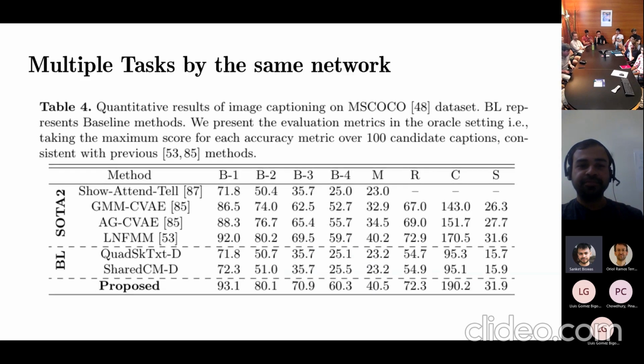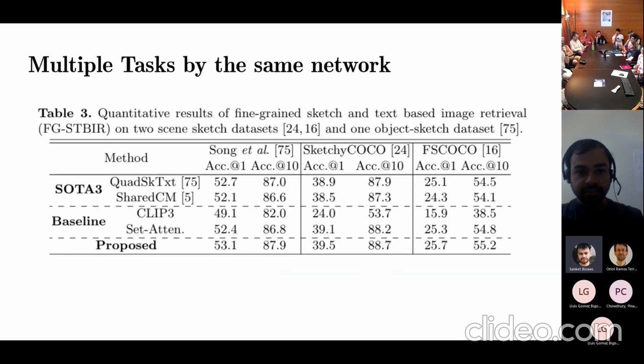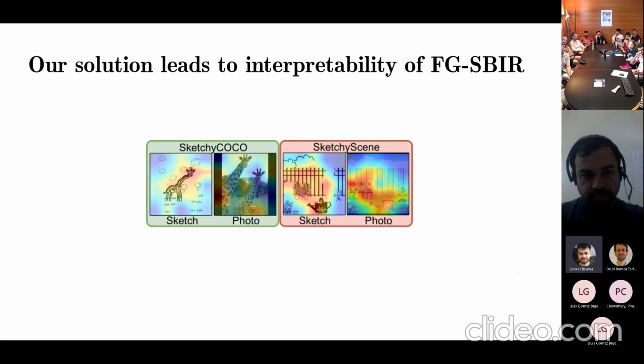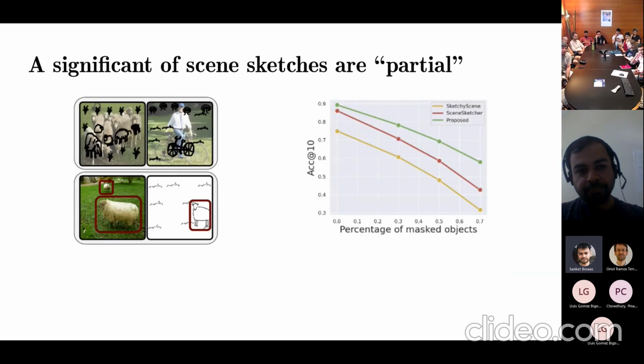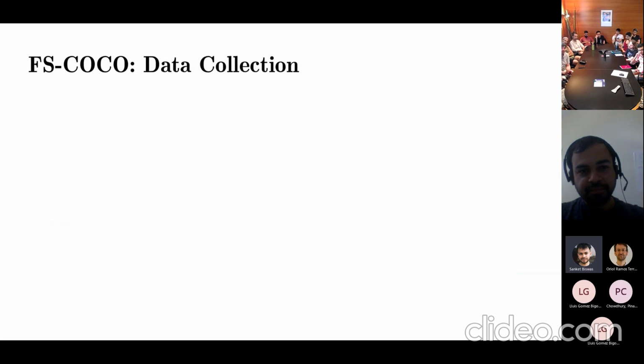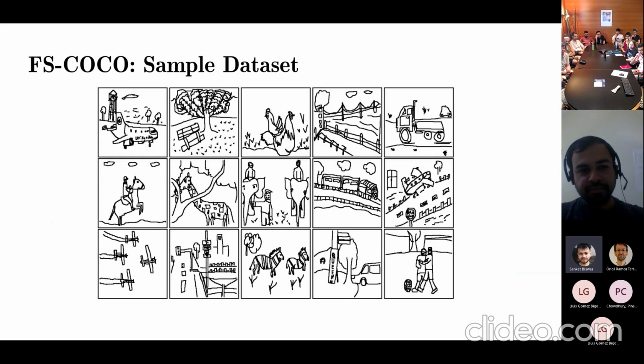I don't know if it's a question or a comment. In the process of creating this dataset, FS-COCO, if I understood, the person drawing sees an image for a few seconds, and then at the end reproduces what remains of this image.